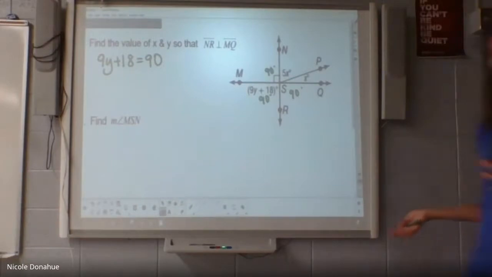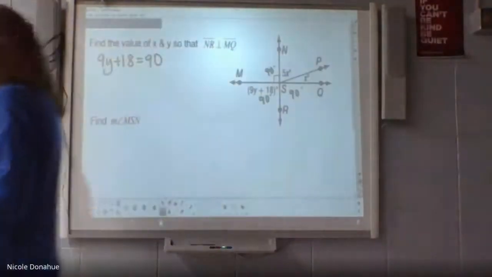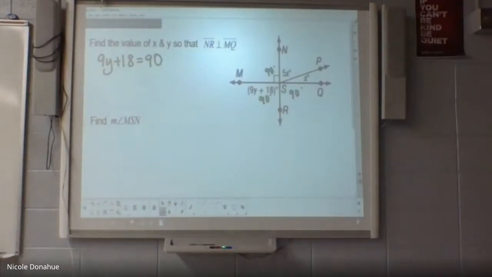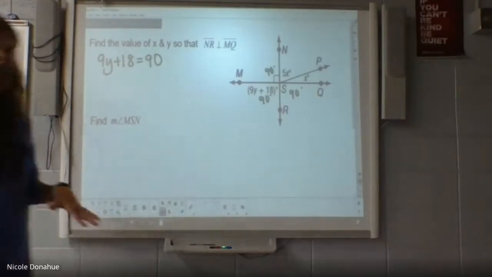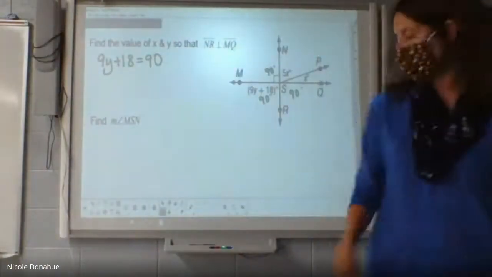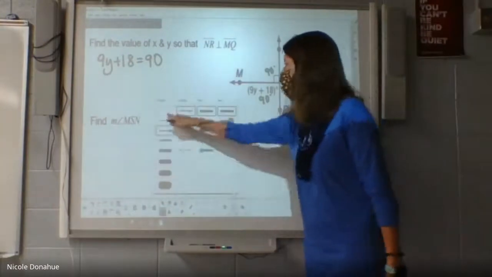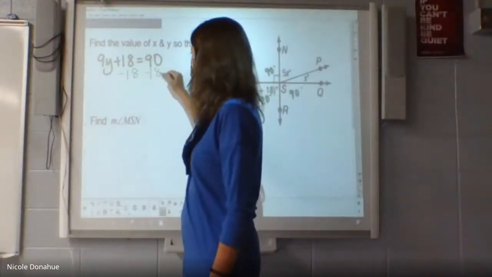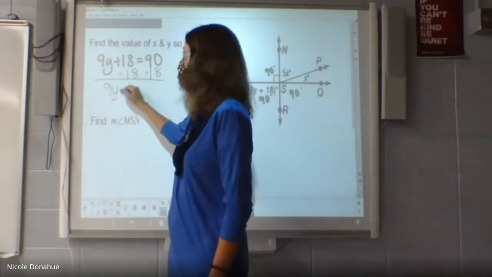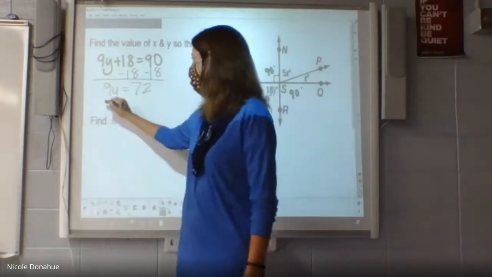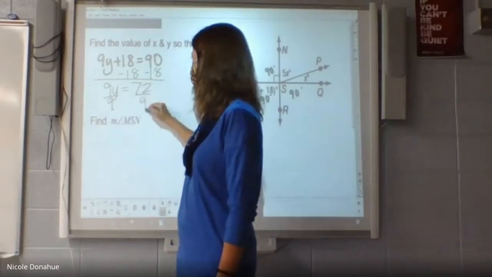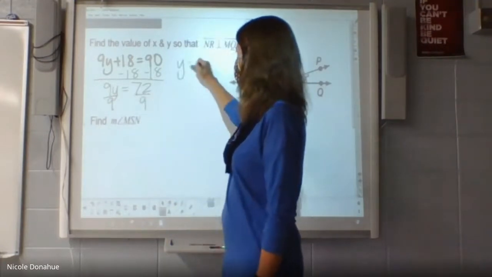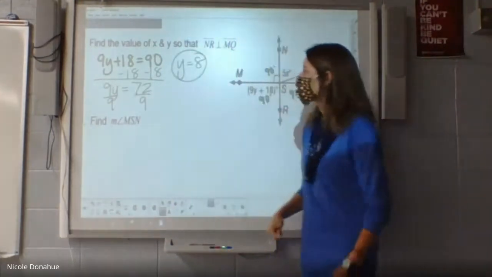We should be able to solve this to figure out what y would be. Now you might say, that doesn't help us with x, but we can wait on x. It's okay. X will still be there when we finish this. This becomes a pretty simple algebra problem. So we find out that y is 8, right?